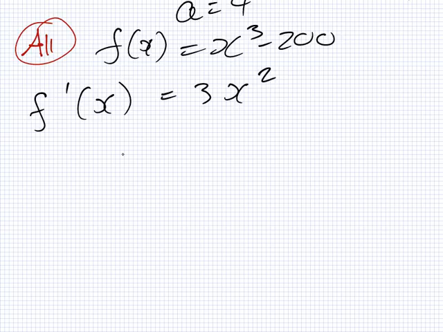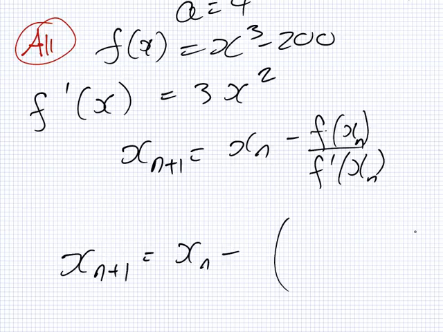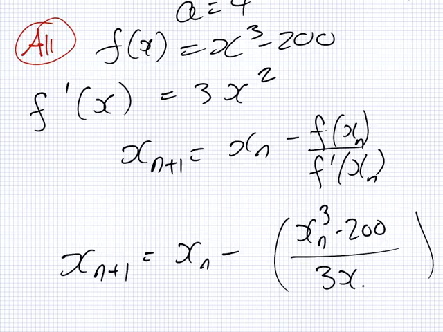And the Newton-Raphson formula is x(n+1) equals xn minus f(xn) over f'(xn). So that means here x(n+1) equals xn minus xn cubed minus 200 over 3xn squared.